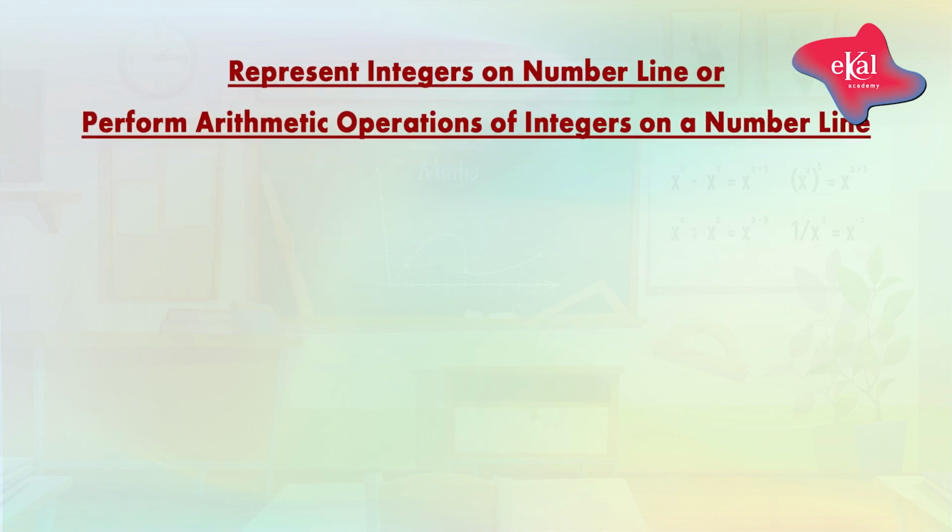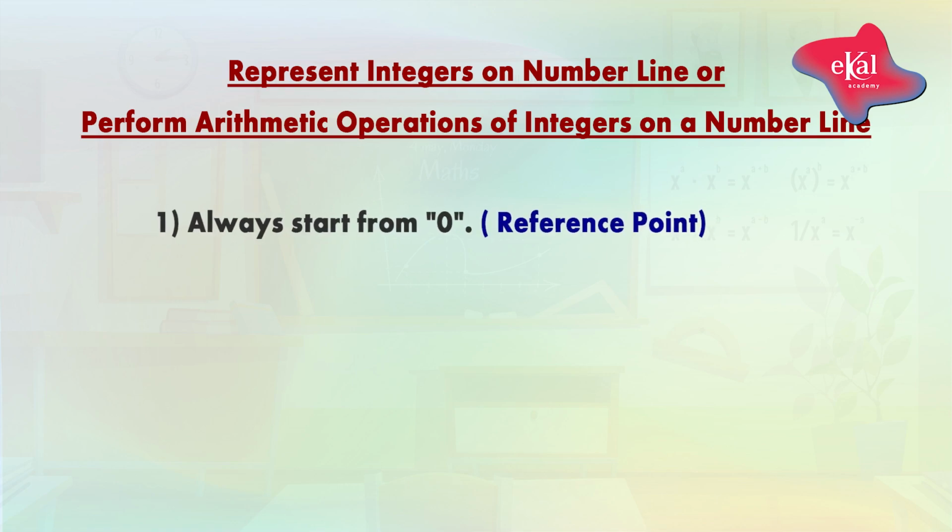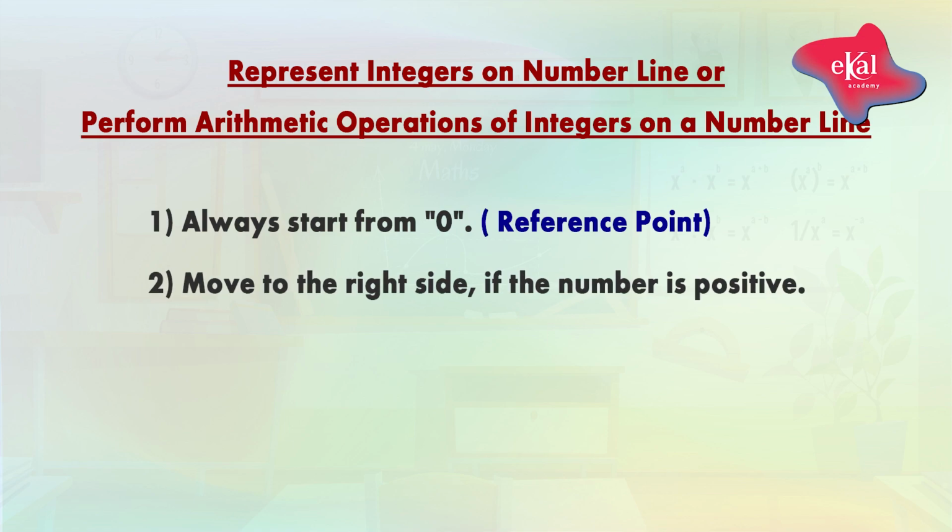Now, when you are marking integers on a number line, you have to keep certain points in mind. Number 1, whenever you are marking any number on a line, always start from 0, which is a reference point also. Move to the right side if your number is positive.